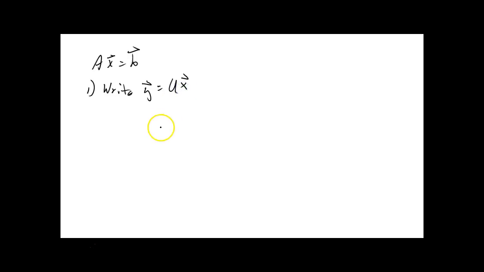Okay, Ux, the upper triangular matrix. Sorry. So write y is equal to the upper triangular matrix U times x, and then solve for Ly is equal to B.